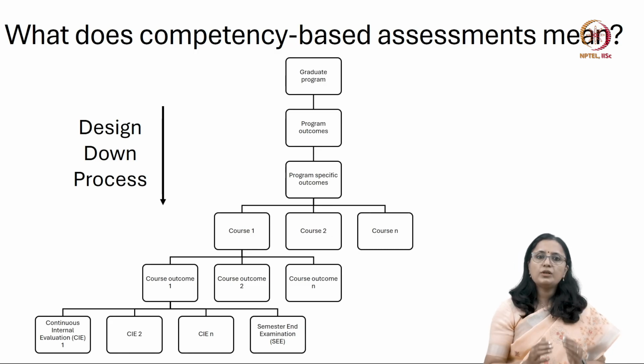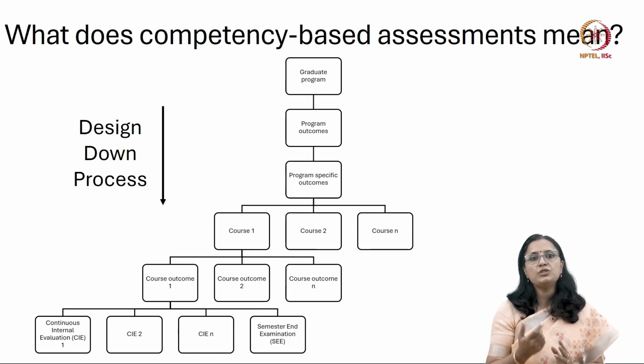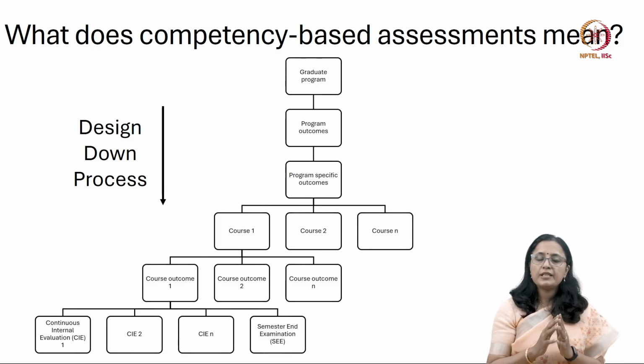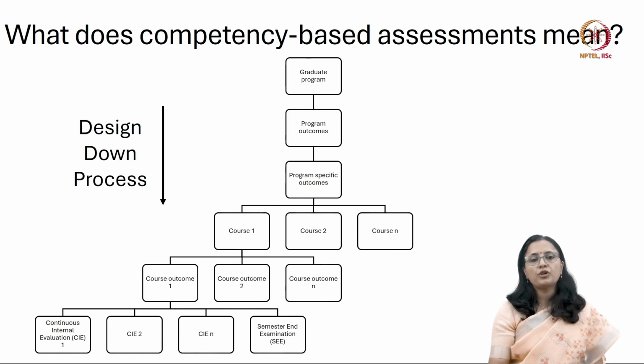So, this particular structure, which connects the individual assessments that we use at the level of CIE and SEE to the broader program outcomes, ensures a design down process, isn't it? From very broad outcomes to specific outcomes which are defined at the course level, and then how do we try to design assessments for each of those course outcomes. So basically this kind of a process ensures that there is some kind of an alignment between the assessments and the broader program outcomes.